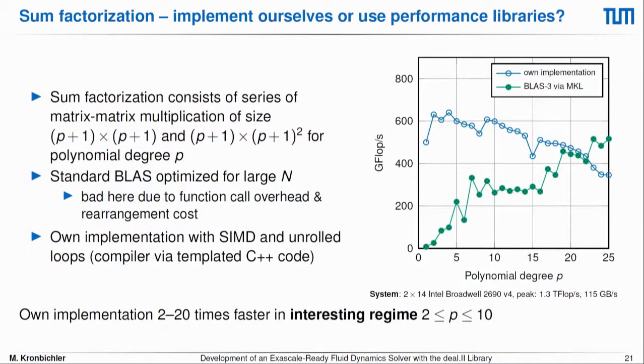And then, of course, since this is a series of small matrix multiplications, you could think, well, this is BLAS, so we just use a performance library, and we're fine. Here the blue line is what our implementation is doing on an Intel CPU, and the green line is what one of the most optimized BLAS implementations is doing as a function of the polynomial degree.